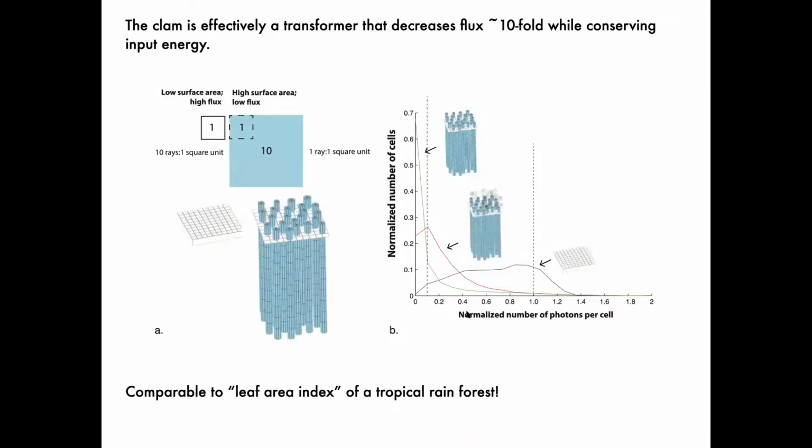This comes from a Monte Carlo ray tracing model we built of the clam, where basically if we say there's roughly a factor of 10 more surface area in the pillars than in the apparent bit of clam area that the pillars fit under, you can look at the histogram of the number of cells that absorb at a given rate, and you get this really lovely transformation of the flux.